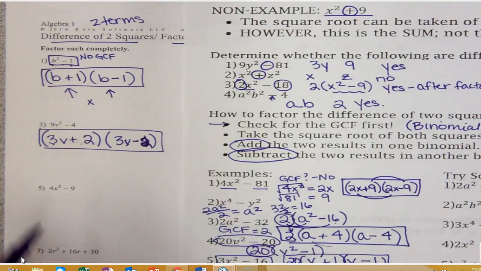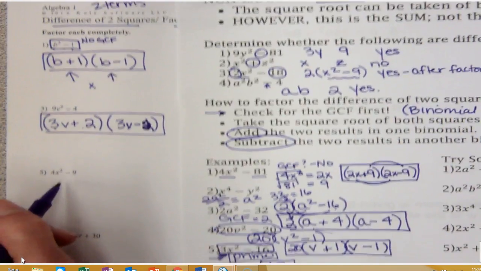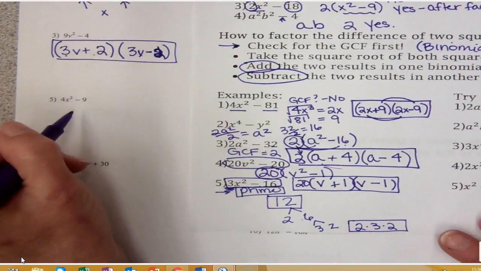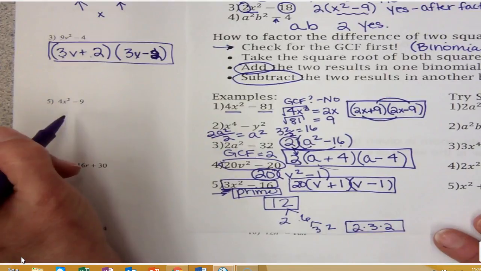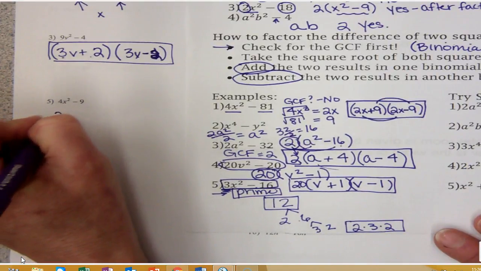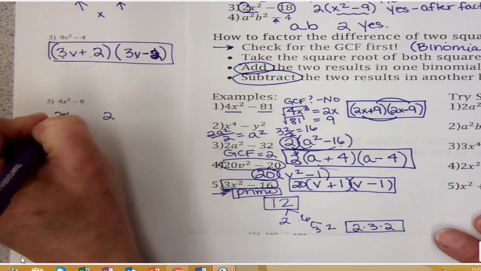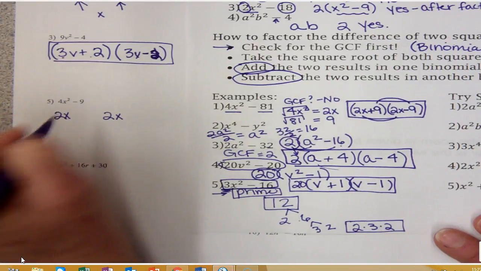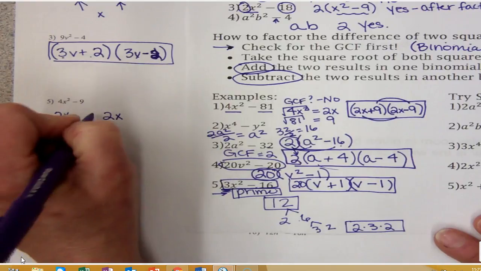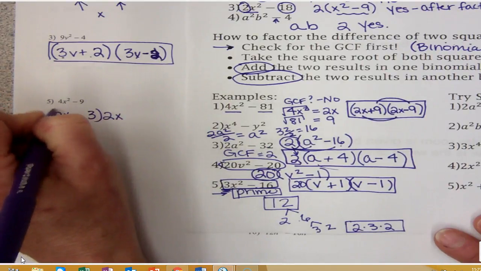Okay. Is there a greatest common factor here? I don't see a greatest common factor. I'm going to take the square root of 4, which is 2. The square root of x squared is x. The square root of 9 is 3.